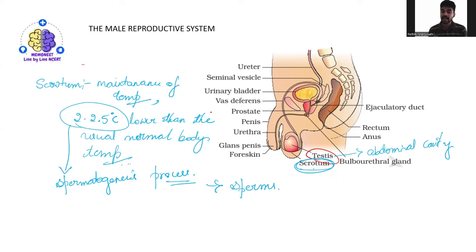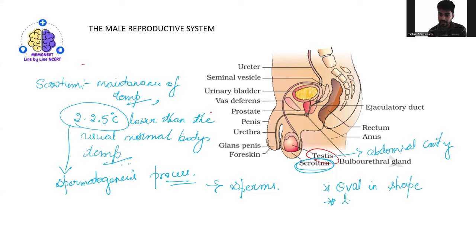So this is clear. And what is the size of the testis? In an adult, it is usually oval in shape. This is a very important point.